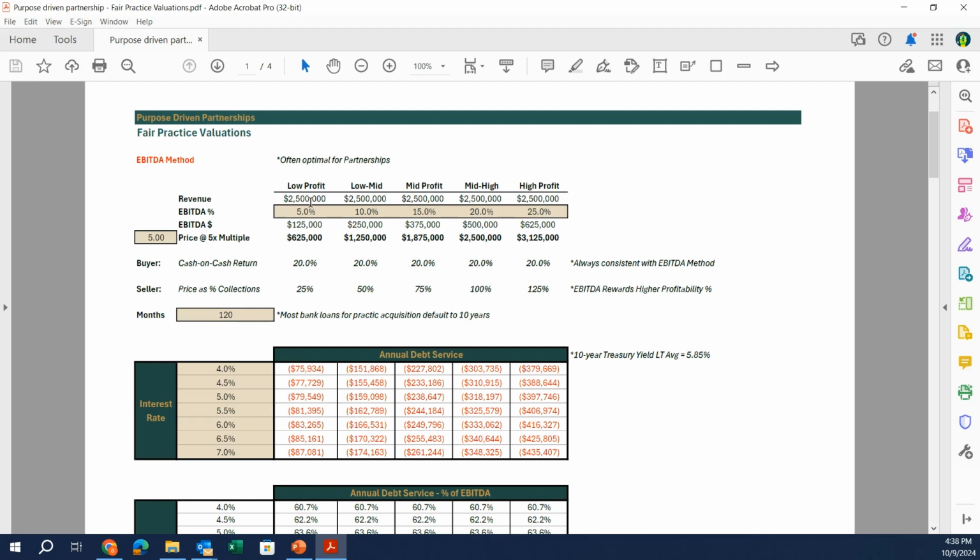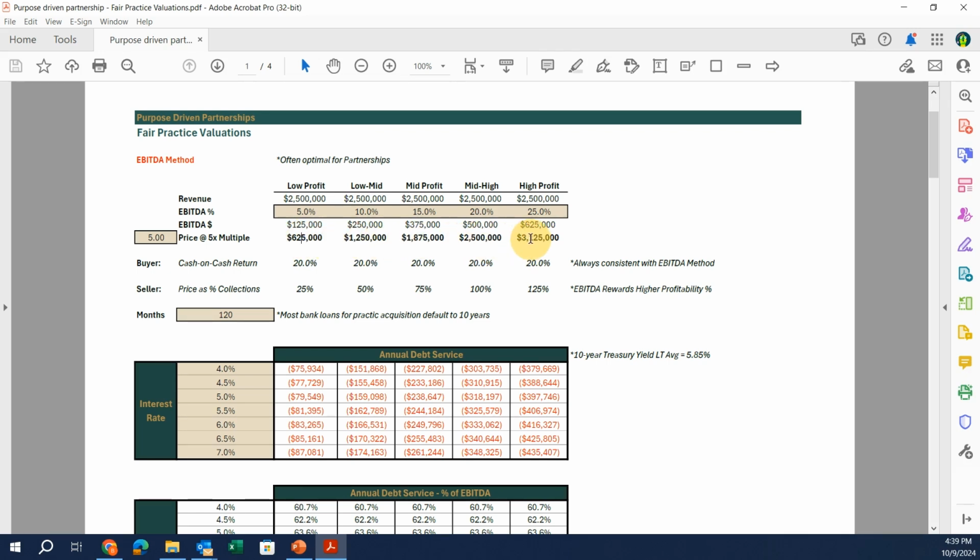In the case of a $2.5 million practice at 5% EBITDA, the EBITDA dollars would be about $125,000 a year. Multiplied by 5 would yield a sales price of about $625,000.